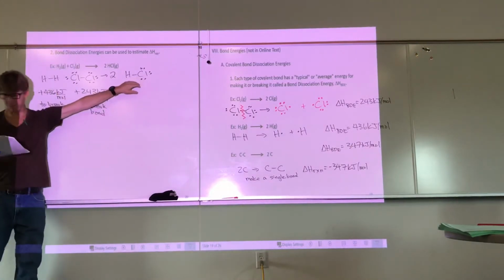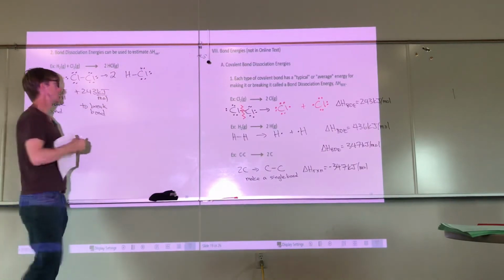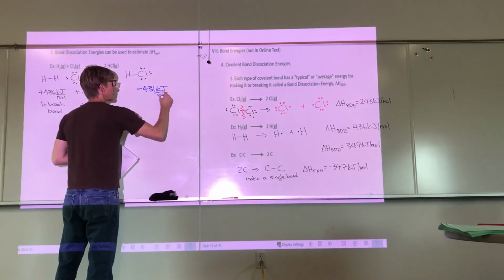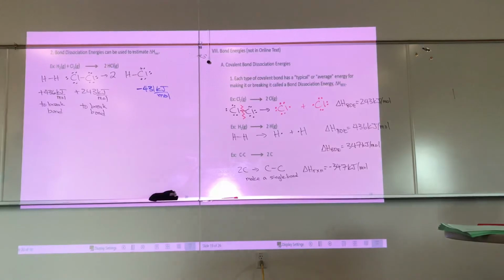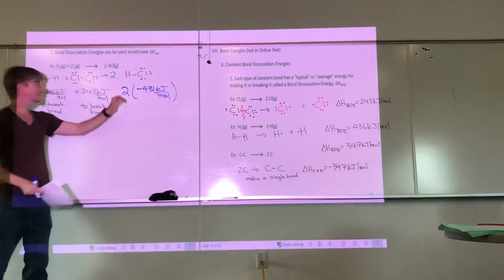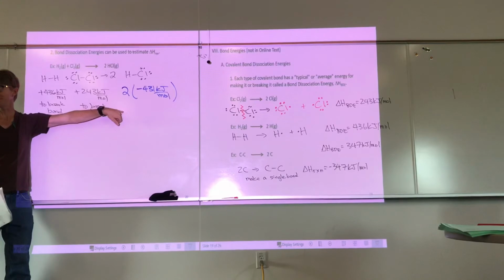And if you look elsewhere on that sheet, to make an HCl bond, first off it's negative because making bonds is exothermic. Why do bonds form? Bonds form because the two atoms lower their energy when they make a bond. Always exothermic. And it's per mole, and you're doing twice as many of them, so the 2 shows up there.